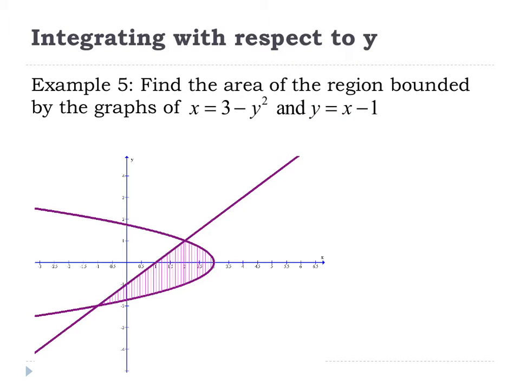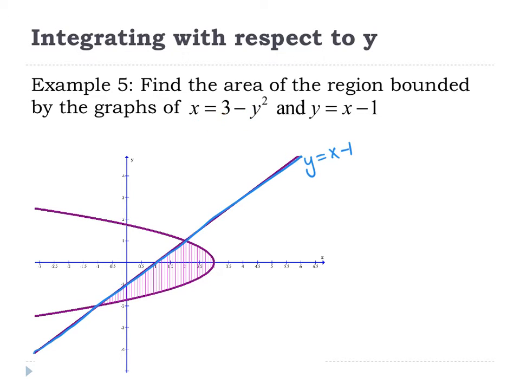Notice that the second one is given in the normal notation that we would see, where the y is isolated, so I get y equals x minus 1. But the first one is given x as a function of y. This is a parabola in y instead of a parabola in x.